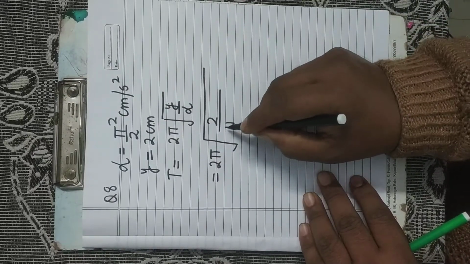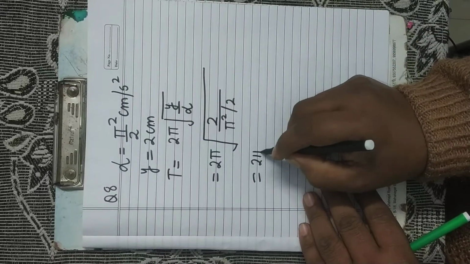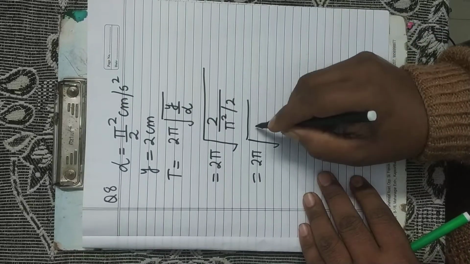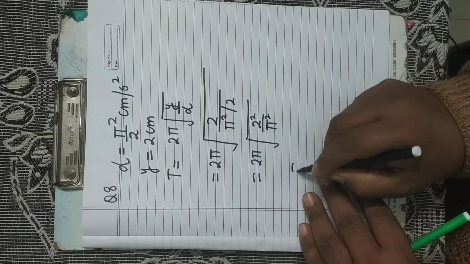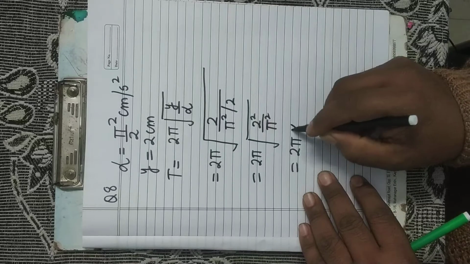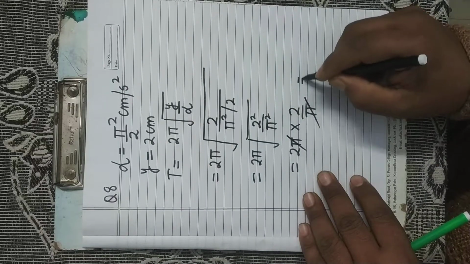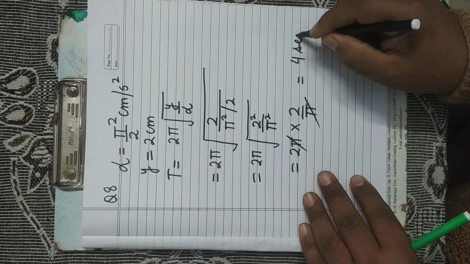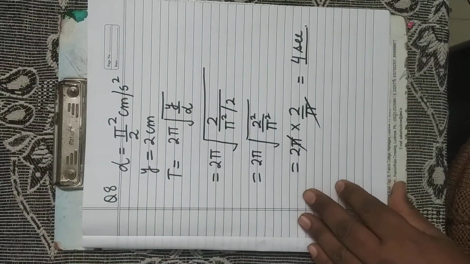This is pi square upon 2, so 2 will go up. So it will be 2 square upon pi square. On further simplifying, pi and pi cancel. 2 twos are 4. This will be 4 second. It is clear.